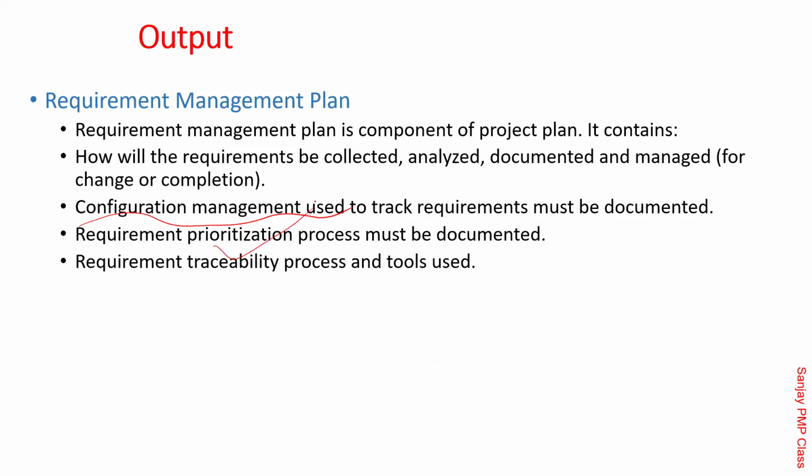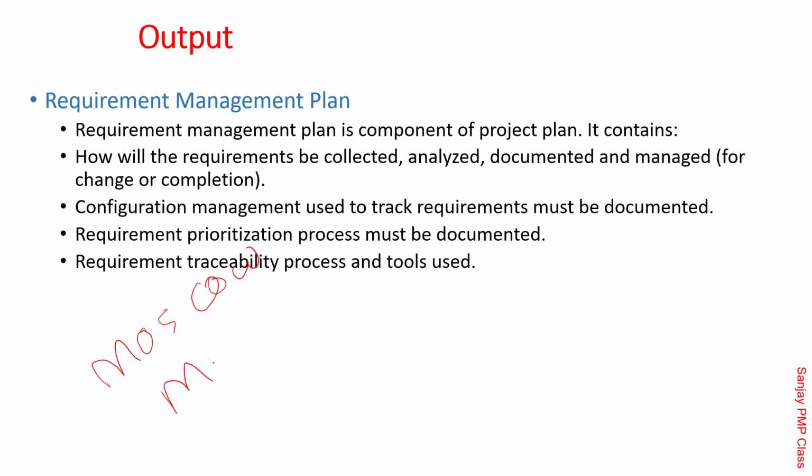Requirement prioritization. Are you going to give the priority as high, medium, low? Or, as I told you, essential, must, nice to have, won't have. One more very commonly used is called MoSCoW.